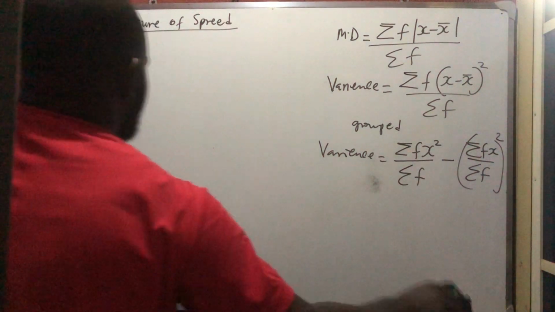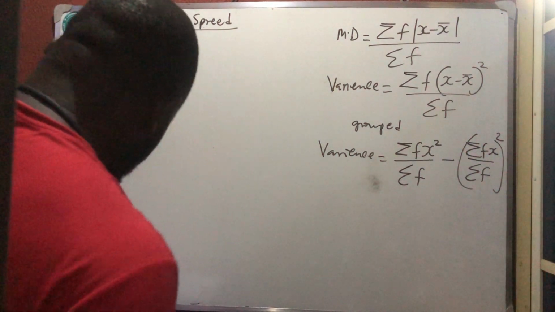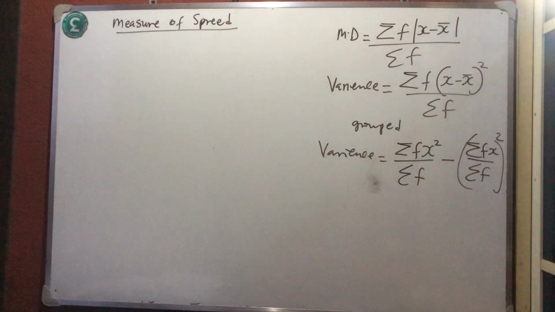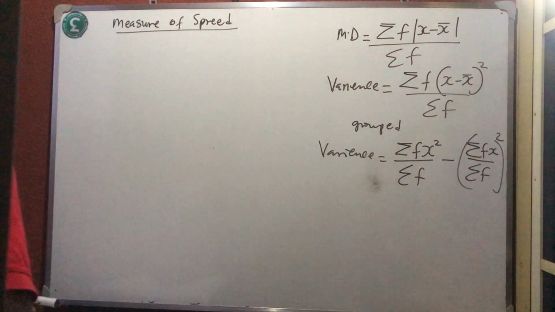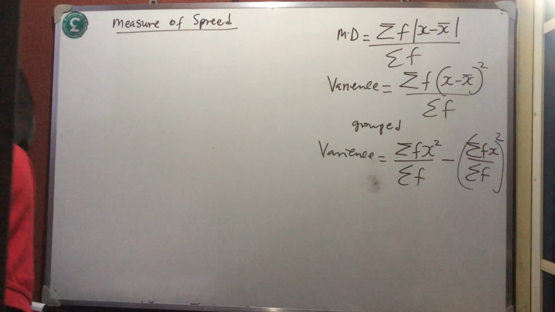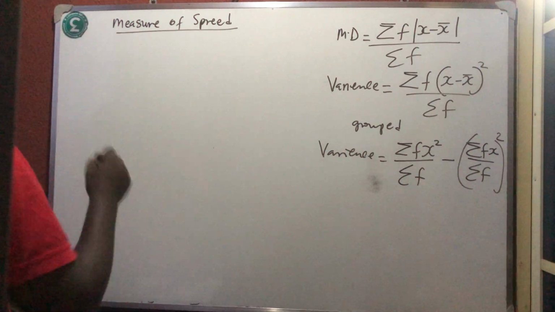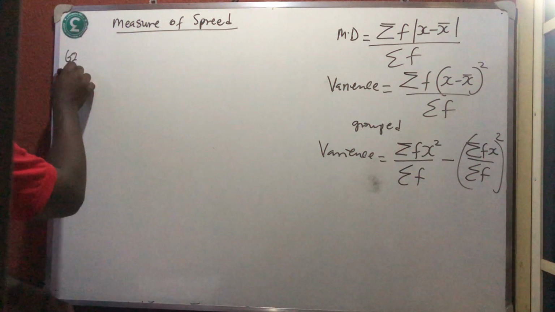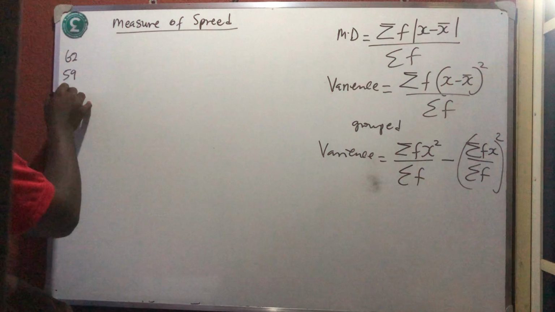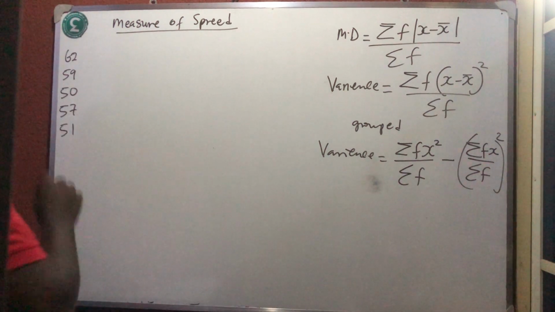Let's take just one question. Okay, so which question am I going to take now? They gave 62, 59, 50, 57, 51.